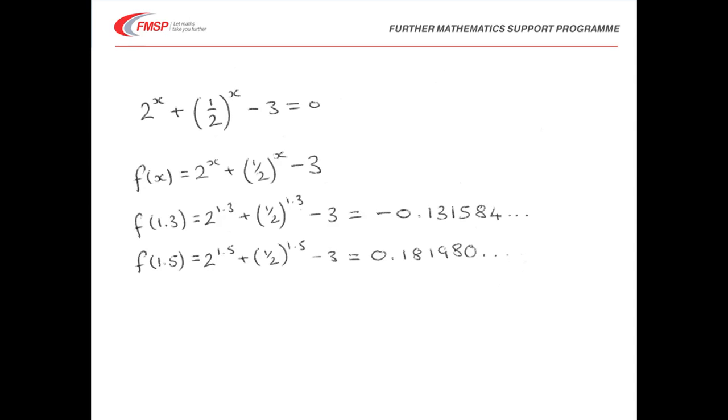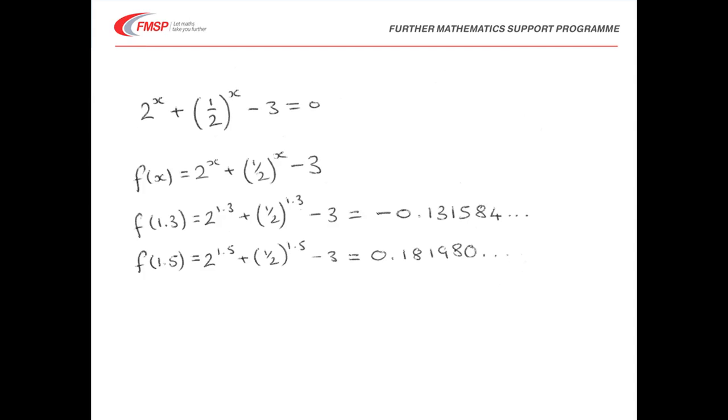Now the way that I do that on my calculator to make life easy is I type 1.3 and then I press equals, then there's a key with ANS on it, and if you type just 2 to the power of ANS plus a half to the power of ANS minus 3, press equals, it does all the hard work for you. So I do write out the calculation that I'm doing, but I also let the calculator take an awful lot of the strain.